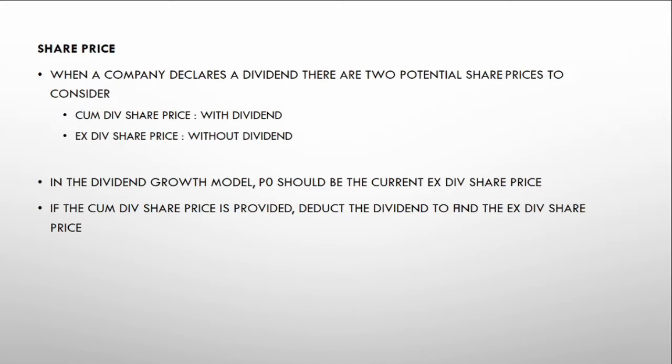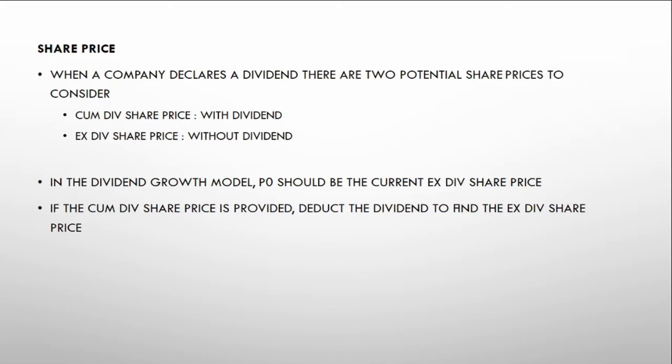If a share is trading cum dividend, it means that it is trading with the dividend. So this is the price the share will be trading at when a company has declared a dividend but not paid the dividend. So if someone purchases the share and it is trading cum dividend, it means the investor or shareholder, if it buys the share, will have the right to receive the next dividend payment because it has been declared but not paid.